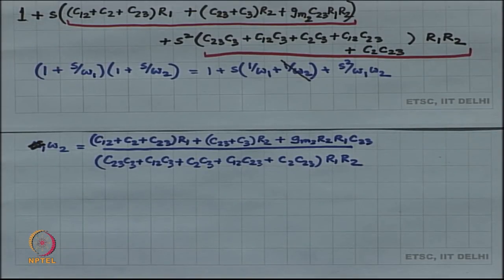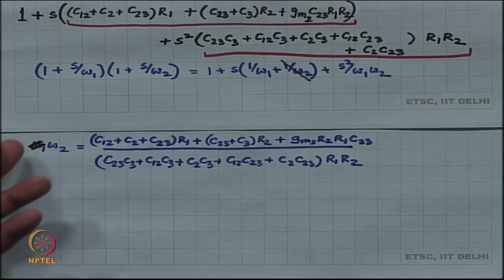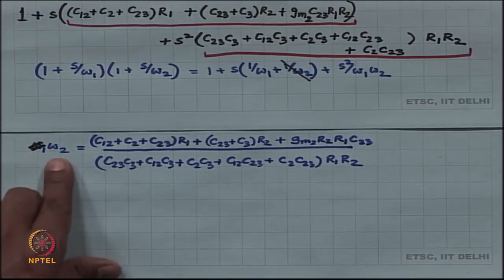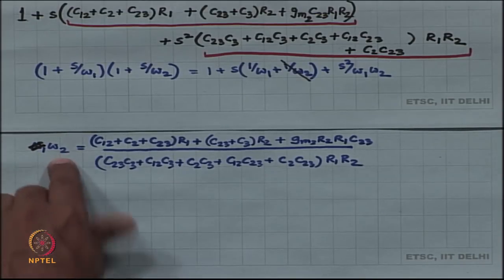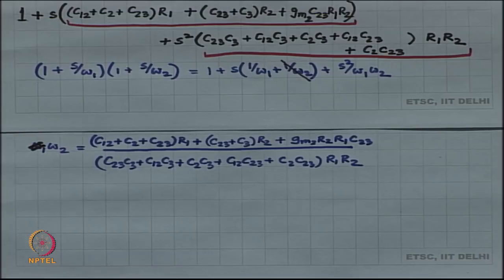Okay, so, this is omega 2. We are not even interested in omega 2. We want to find out omega 2 by omega 1, which is nothing but omega 2 times 1 by omega 1.